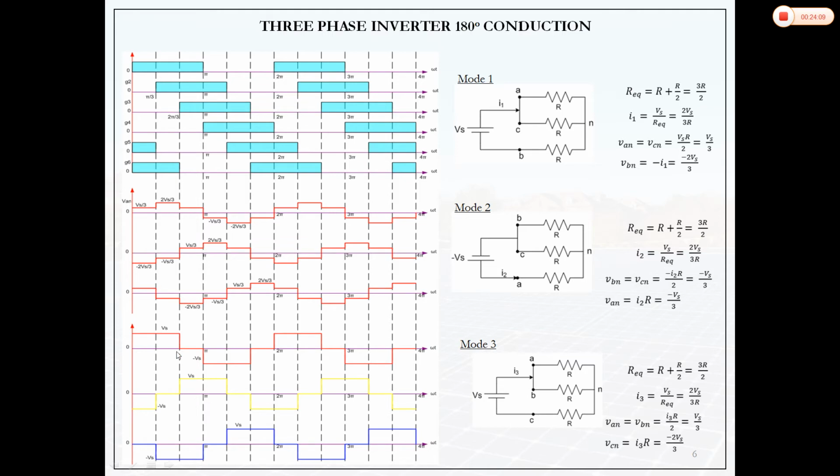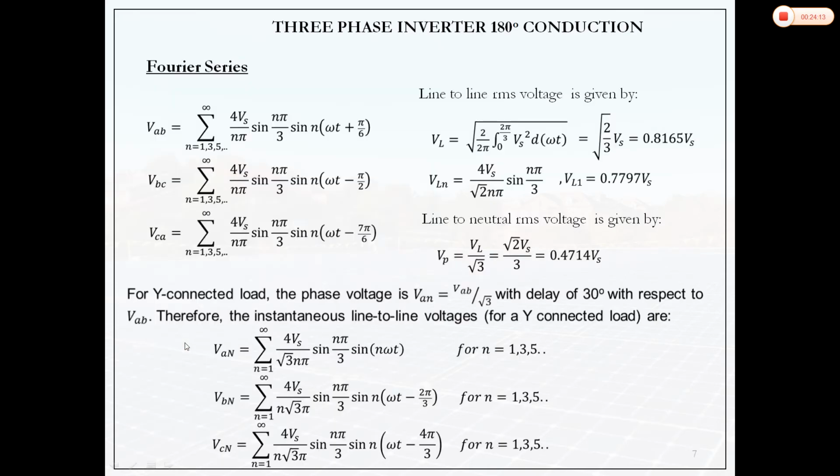So if you take the RMS value of this waveform, that will give the RMS value of the total waveform. Okay, so 1 upon 2, you can see here we have to integrate the waveform from 0 to 2 pi by 3 Vs square d omega t. So you will get this value, that is 2 upon 3 Vs. Okay, so this is the line to line RMS voltage.